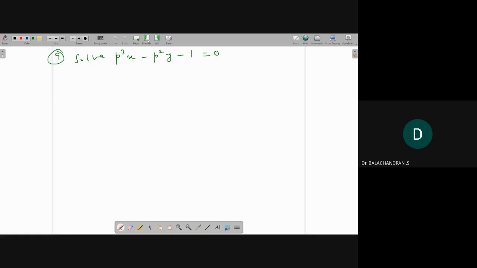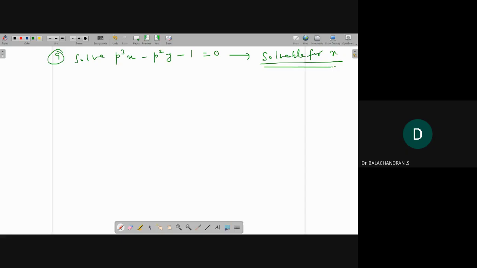So first you should try this problem. First you should convert it into Clairaut's equation, and then you can solve this problem. Later you can try this problem, it's a practice problem, in solvable for x, because here x only you have.